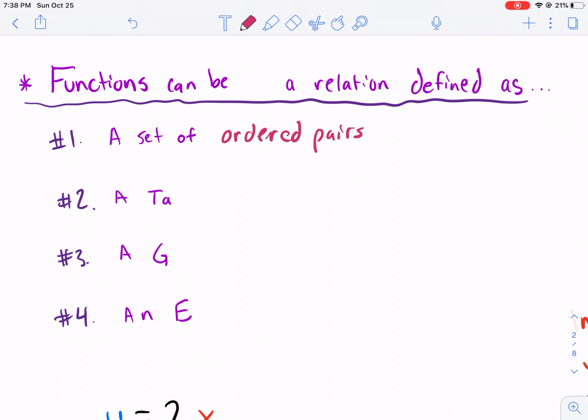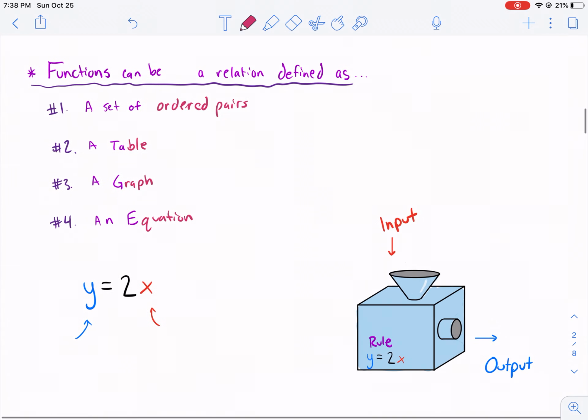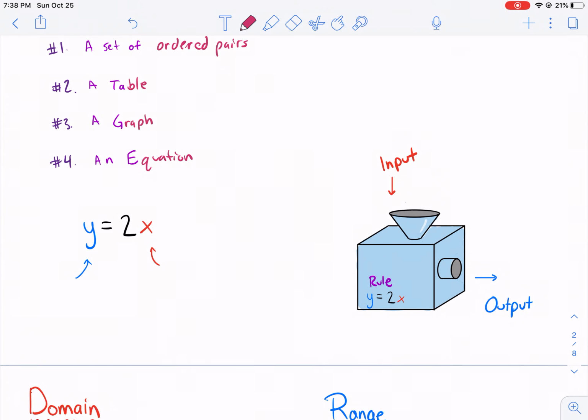We talked about this at the beginning. It can be a table. We talked about this in the most recent section. A graph. And then it can also be an equation. Okay, that's the new one. It can be written as an equation. One such example would be y equals 2x.